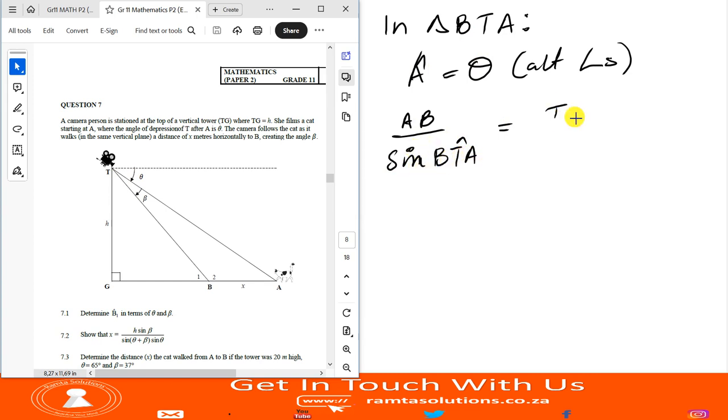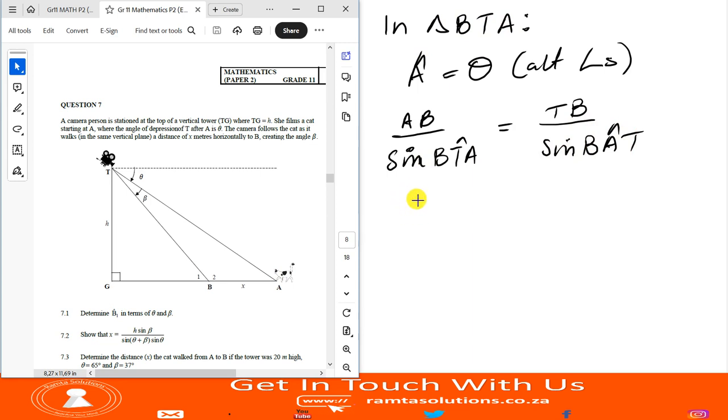AB over sine BTA is equal to TB over, where's TB? This is TB. Which angle is opposite TB? It's this angle here. I'm going to call it BAT. So it's going to be sine angle BAT. Even if you say sine A, it's okay because you said in triangle BTA.